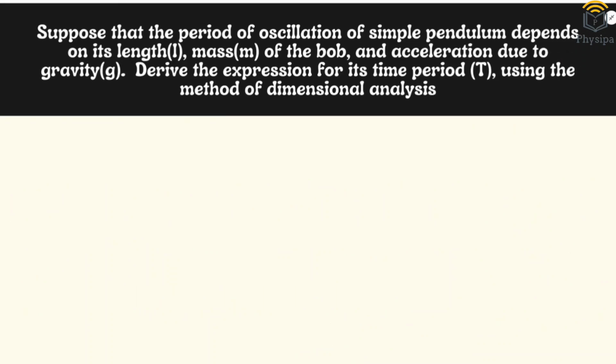Let us see how we can derive the equation for the time period of a simple pendulum using the method of dimensional analysis. Here we will use the principle of homogeneity.